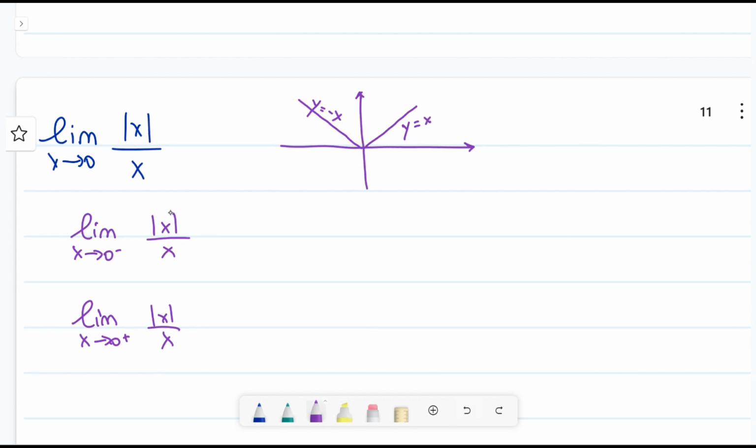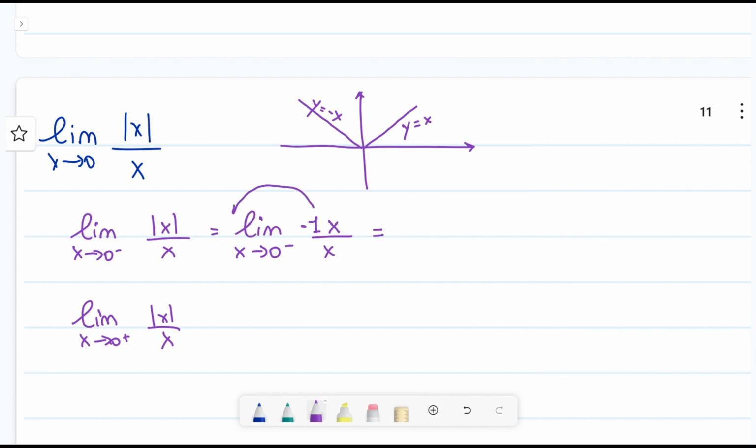So what happens from the left, as you can notice on this graph, I'm getting really close from the left. Instead of writing absolute value, I can write the function y equals negative x, because this is the function as I'm approaching from the left. So I can write this as negative x over x. This is as if I'm saying negative 1 times x over x.